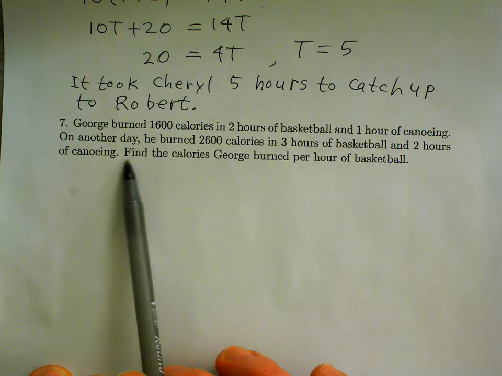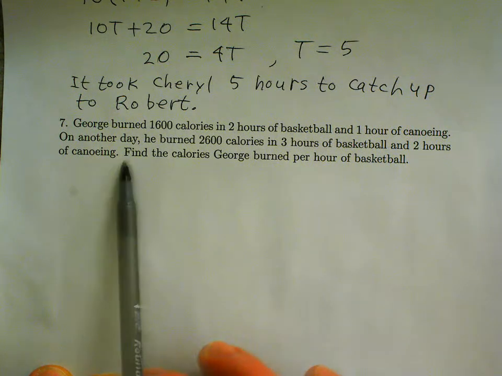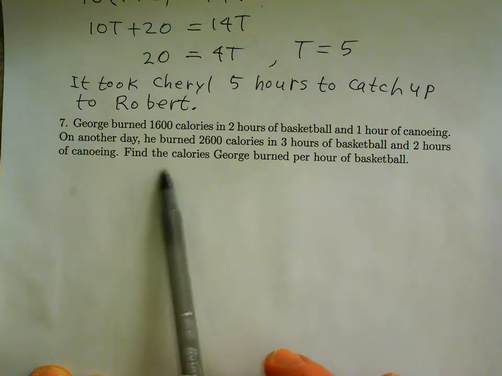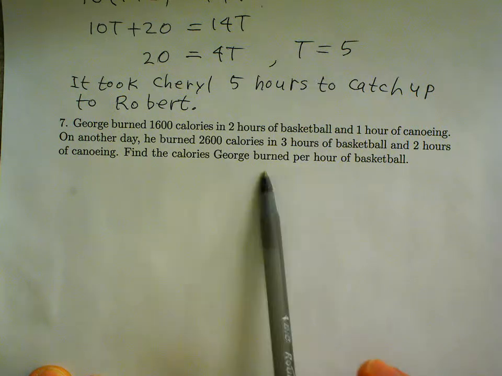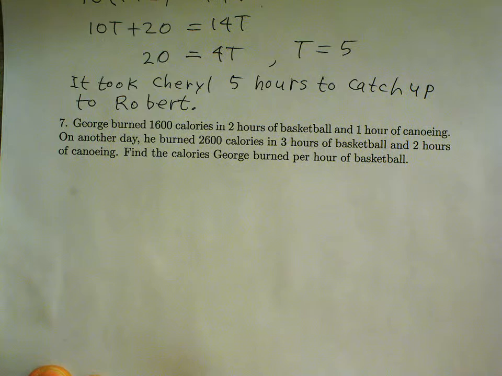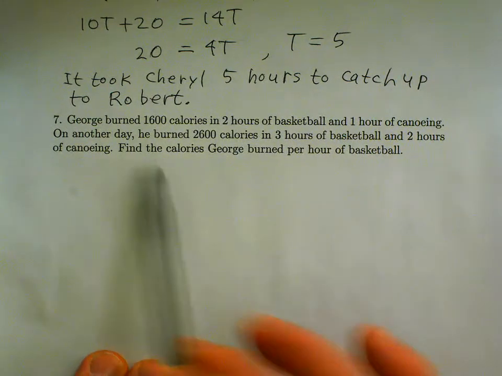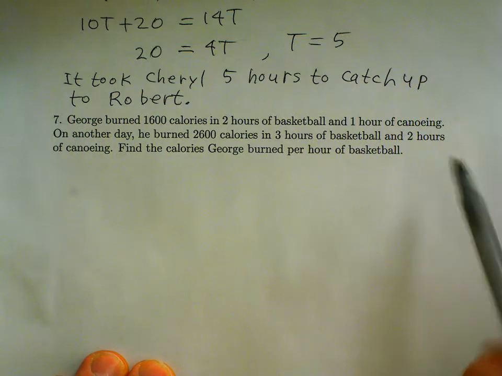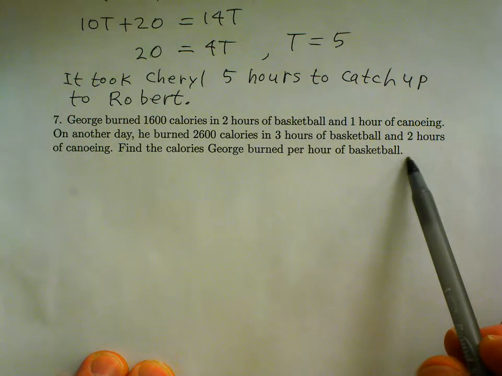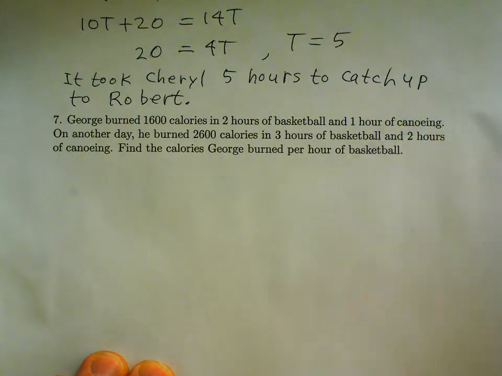Note that in this problem, it could have also asked for the number of calories that George burned while canoeing. And in our process here, we will probably also be able to determine that without difficulty.